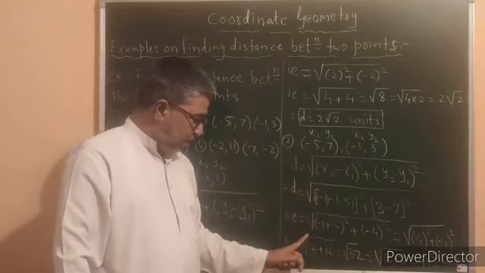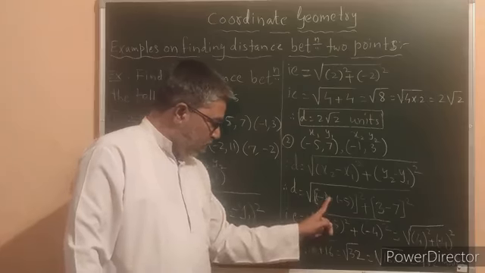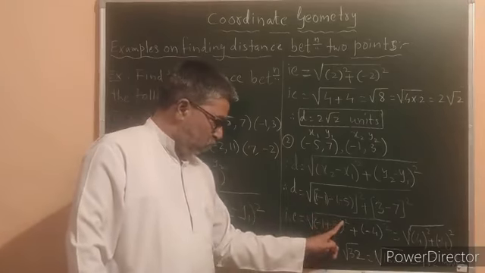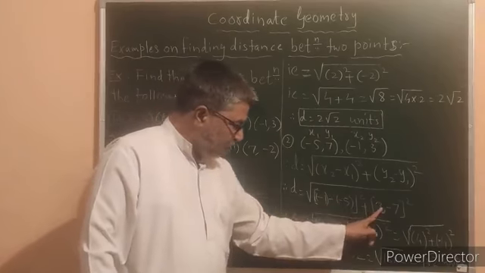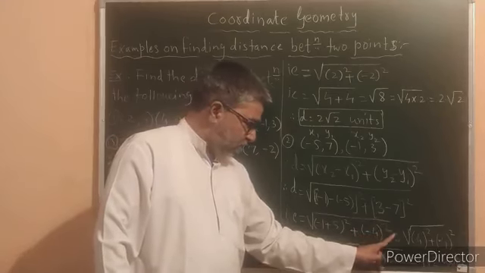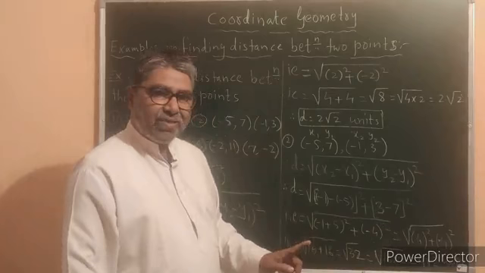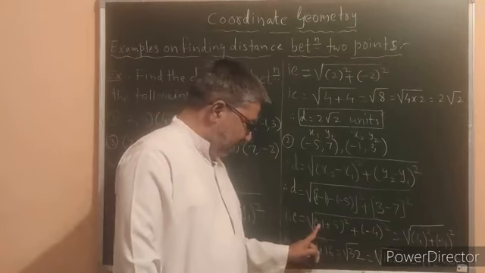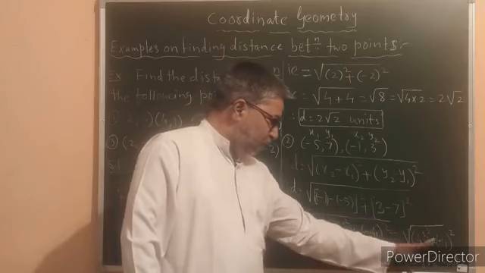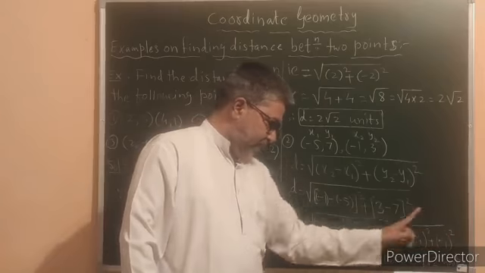Now let us simplify this. Square root of (minus 1 minus of minus will become plus, so minus 1 plus 5) whole square plus (3 minus 7 will be minus 4), (minus 4) whole square. This is equal to, further after simplification, minus 1 plus 5 will be 4, 4 square plus (minus 4) whole square as it is.